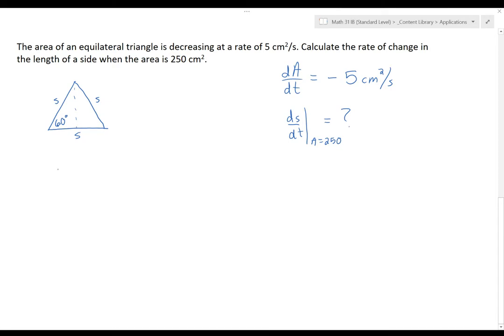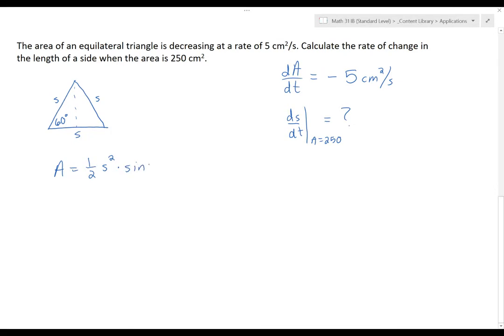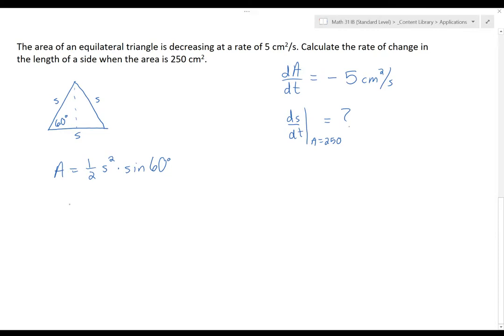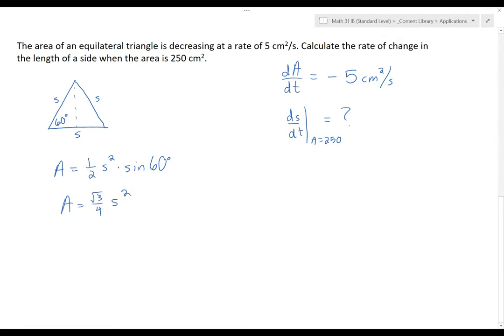But we do have a better formula for area here, and that's that the area is 1/2 the product of two sides times the sine of the angle between them. And sine of 60 degrees is a known value, that is root 3 over 2. So the area is root 3 over 4 s squared. So now I have a formula for area as a function of the side length.